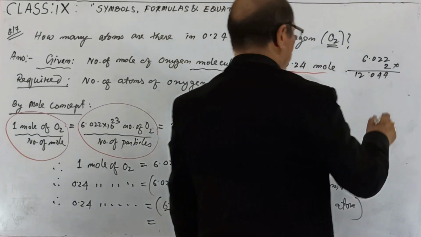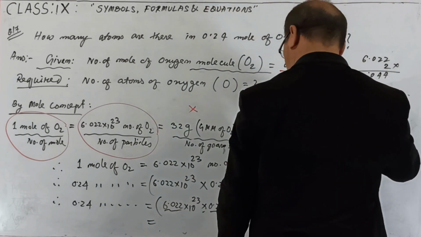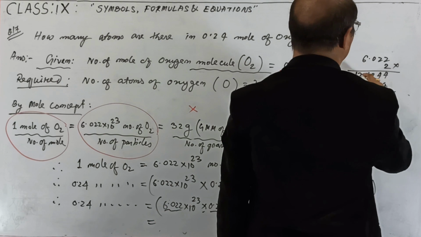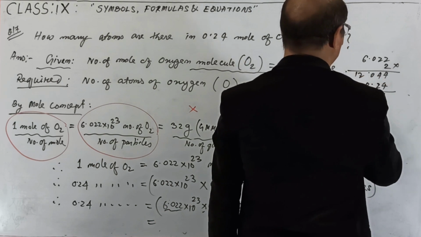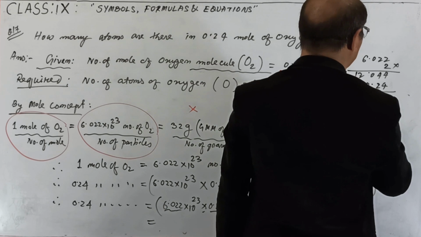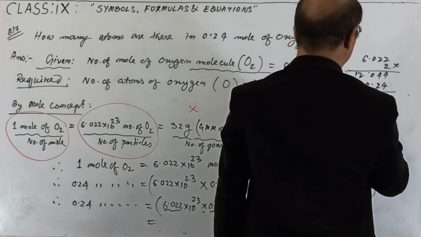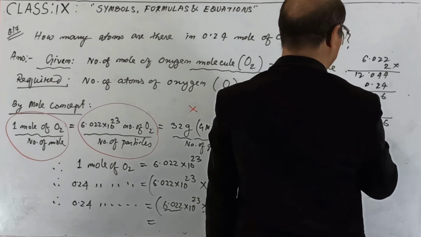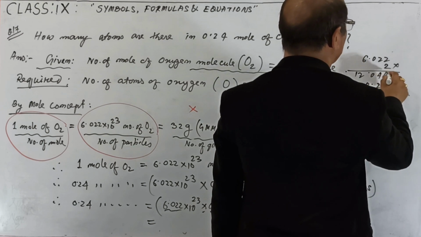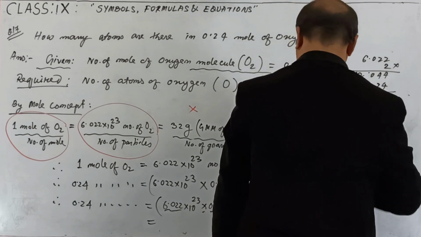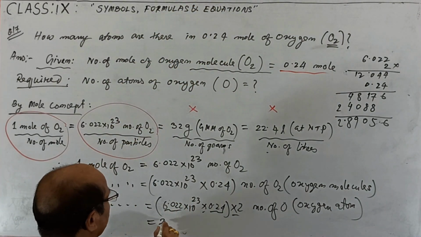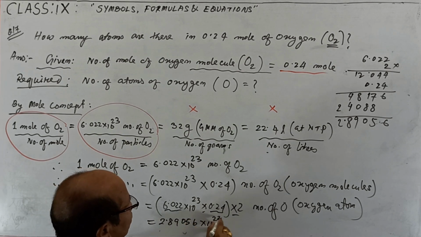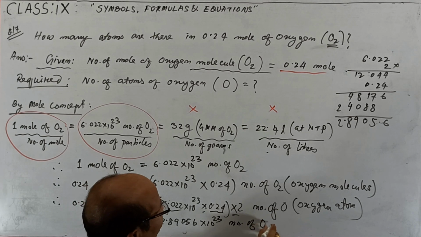And then multiply by 0.24. Carrying out the multiplication, then you can write 2.89056 into 10 to the power 23 number of O.